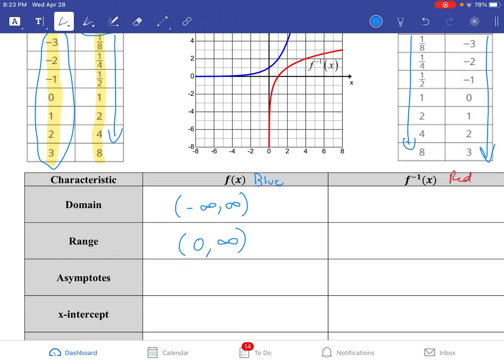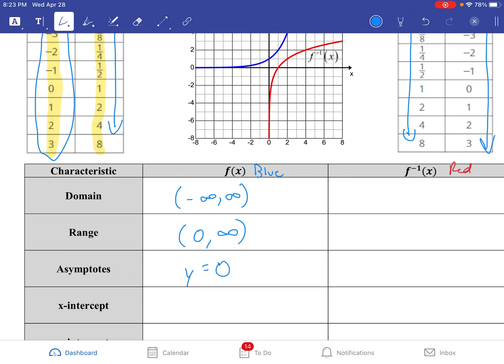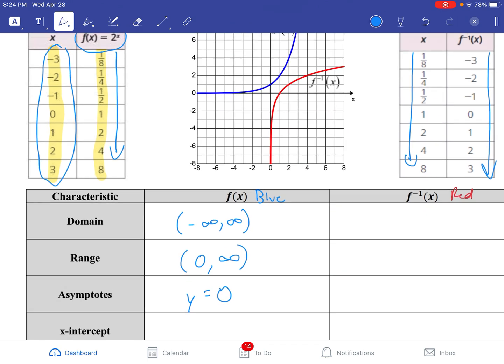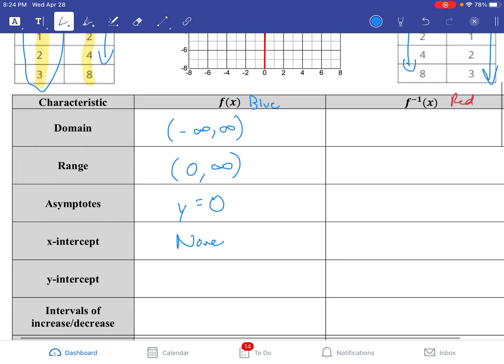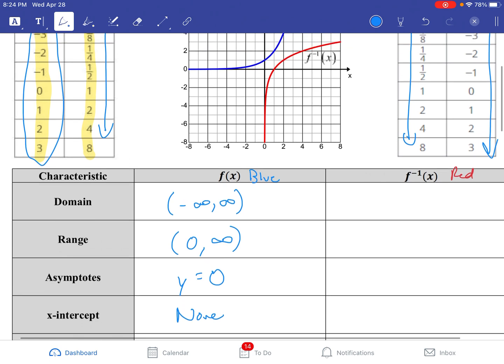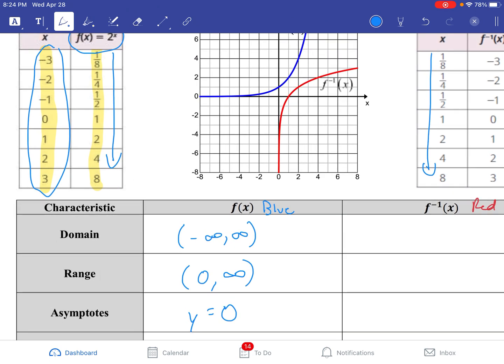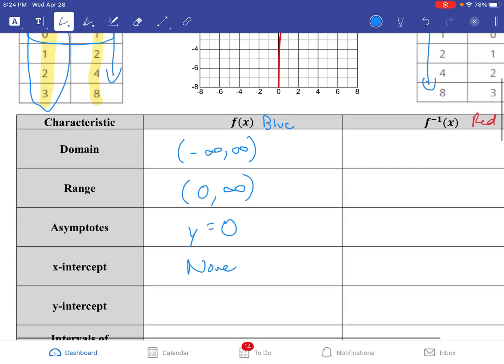The asymptote is that x-axis, which is going to be y equals 0. The x-intercept, well, there is no x-intercept. Okay, the blue graph does not cross through the x-axis, so there is none. The y-intercept, on the other hand, there is one. And it is 1. You can see it right here. (0, 1) is the y-intercept.